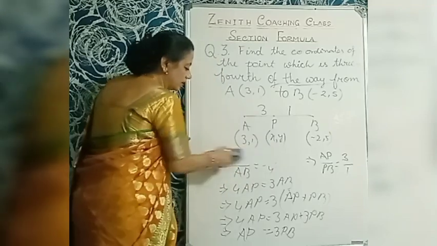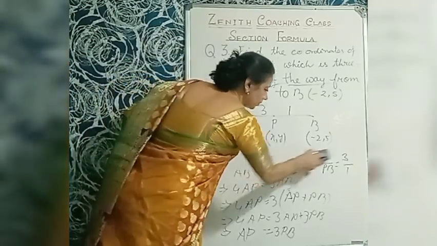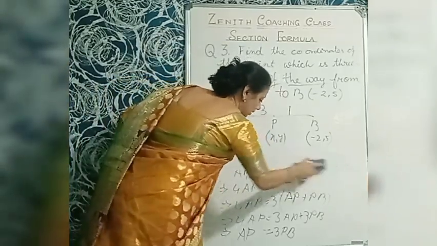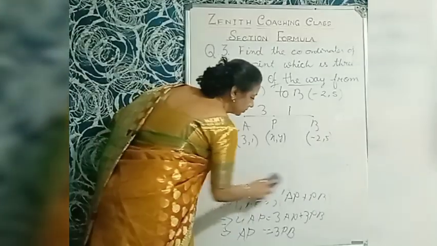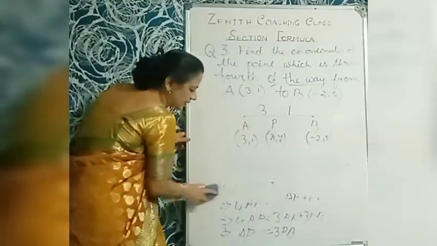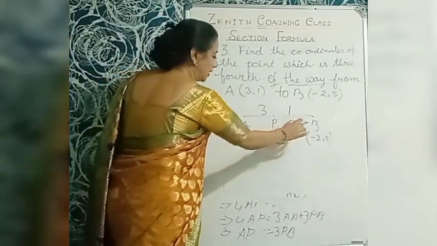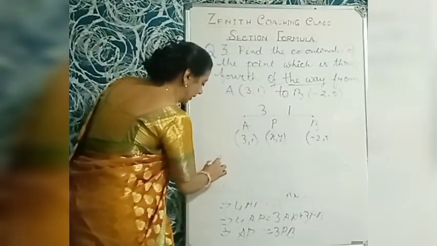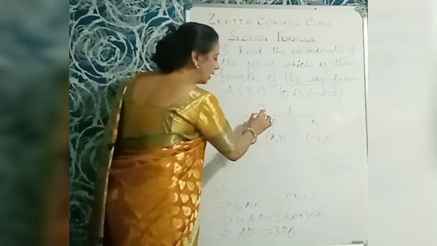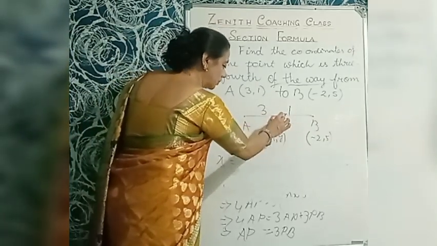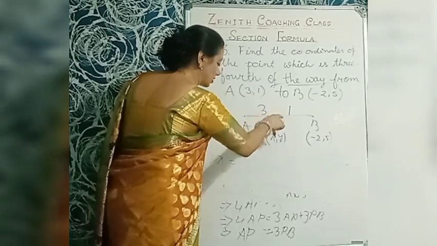I am erasing it. So now it's an easy sum. So now x equals what? x equals m1 into x2 plus m2 into x1 by 3 plus 1.